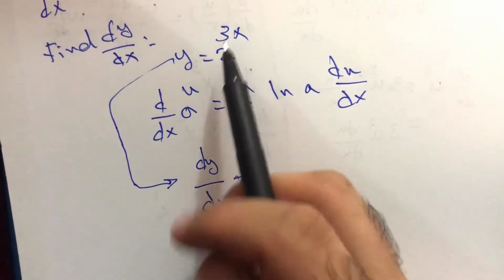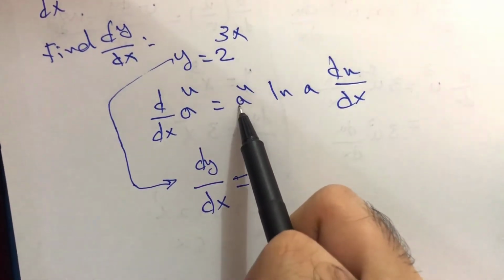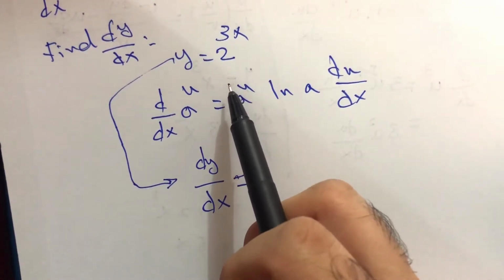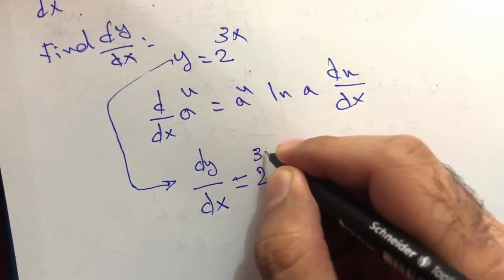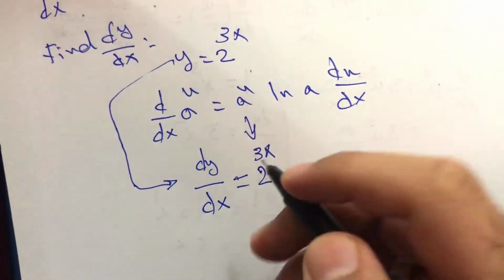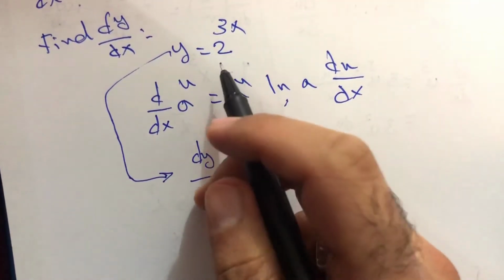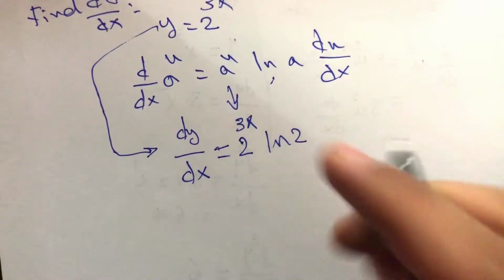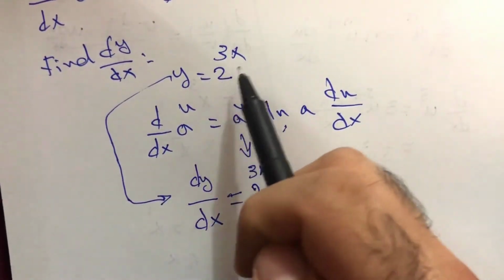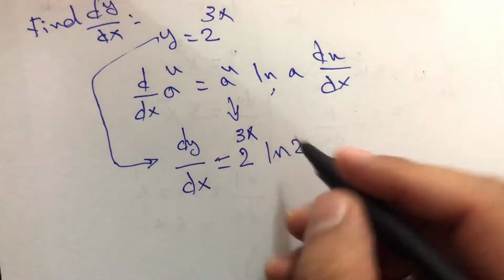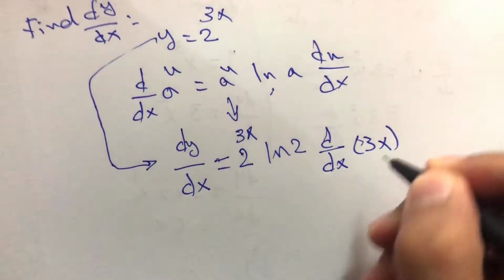Here we have 2 to the power 3x, and we can see that a is equal to 2, so I can write a to the power u, which is 2 to the power 3x, multiplied by ln a, where a is the number 2, multiplied by the derivative of u, and u here is 3x, so let us write d by dx for 3x.